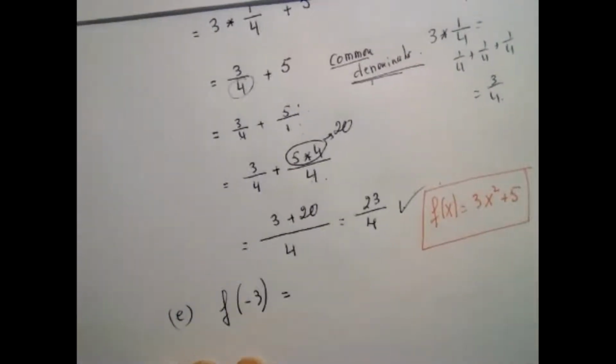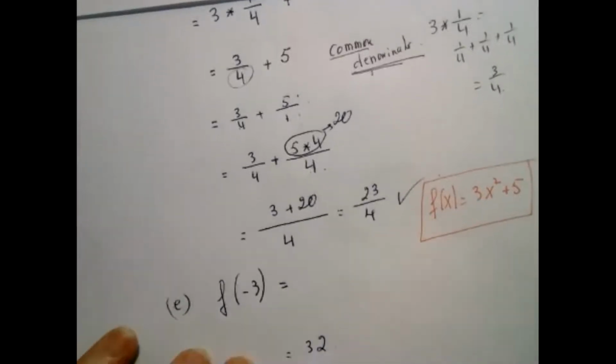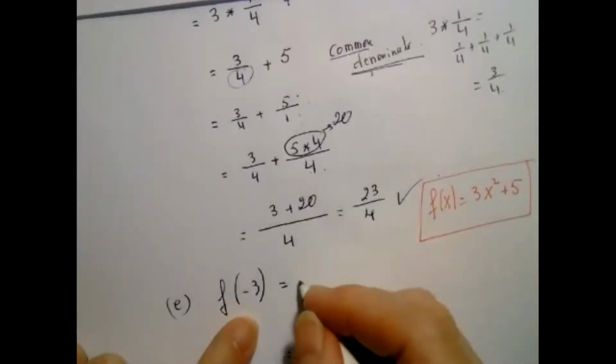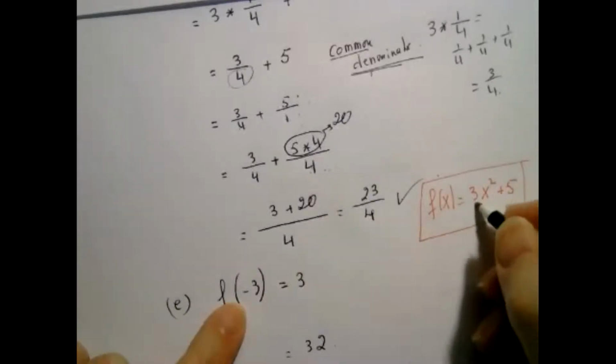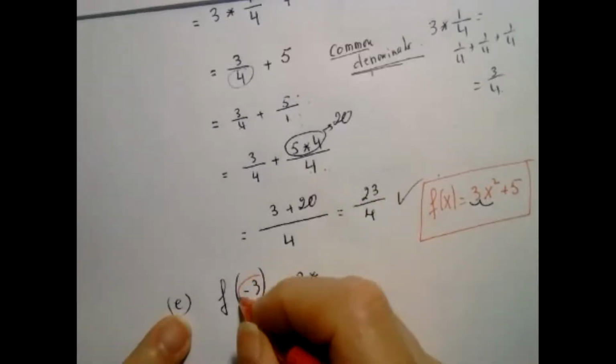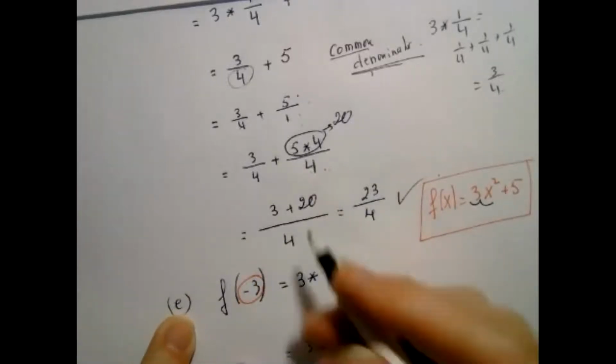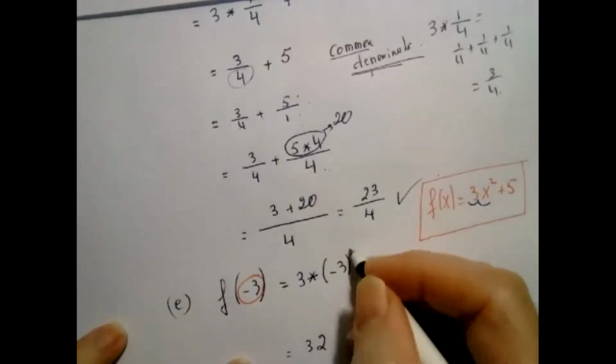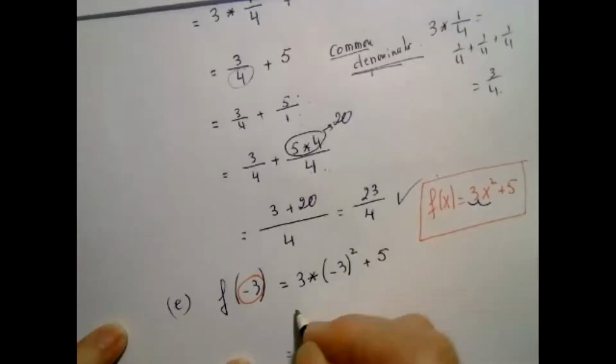I'm getting 32. Anybody else? All right, it seems that everybody's getting 32, so let me do it myself. It's 3 times whatever you give it here, minus 3, so 3 times minus 3 squared plus 5.